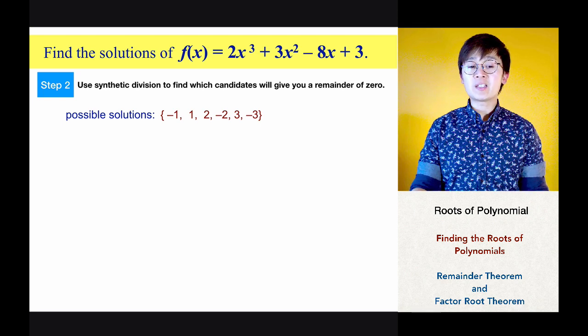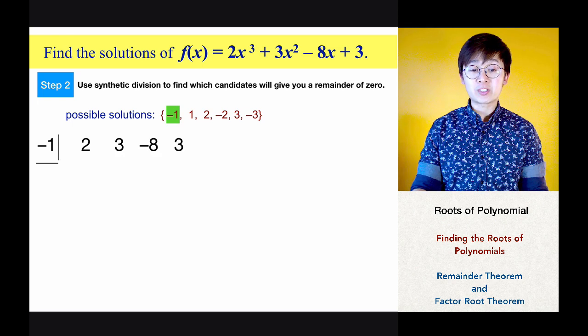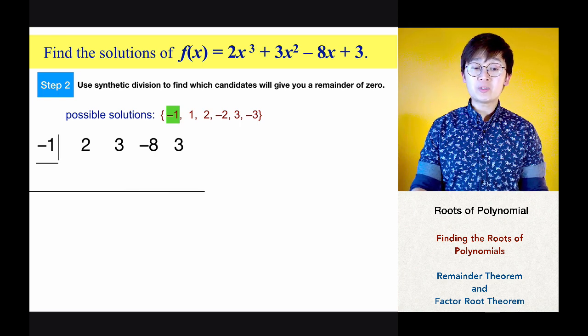So we're going to start our trial and error using the first candidate, which is -1. As -1 is our divisor, we will be using the coefficients of our function to use synthetic division. Let's see if -1 will give us a remainder of 0, so we can choose -1 as one of the solutions of our polynomial.